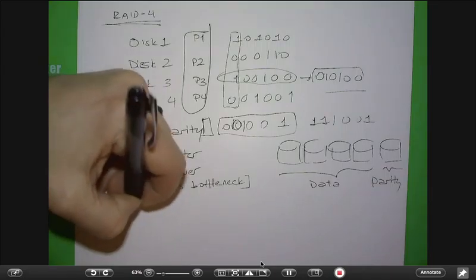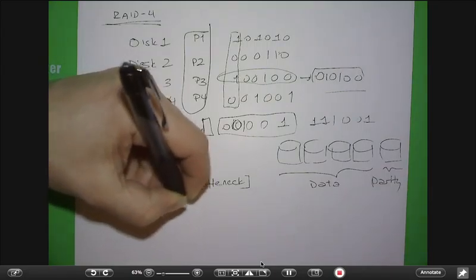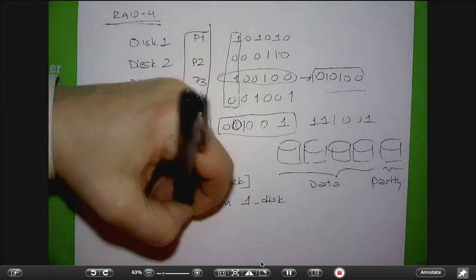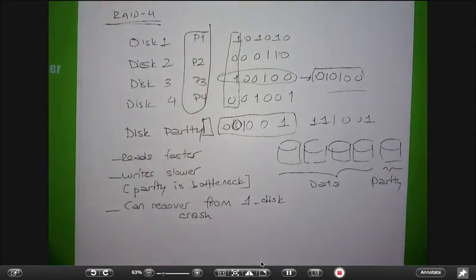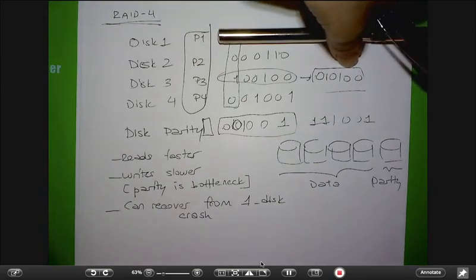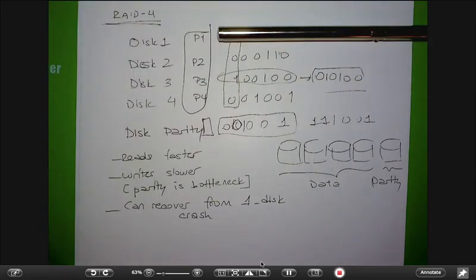But it can recover from one disk crash. Okay. So if for some reason I lost one of these disks, I can reconstitute its contents by reading the same page from the other disks, right?